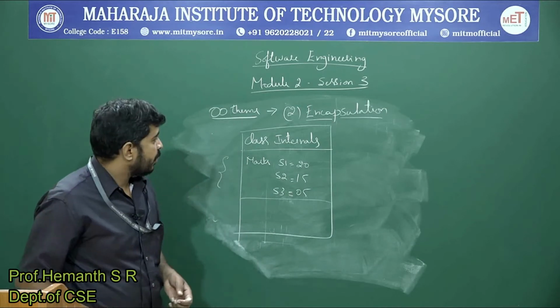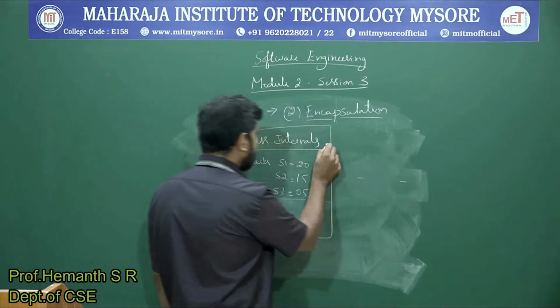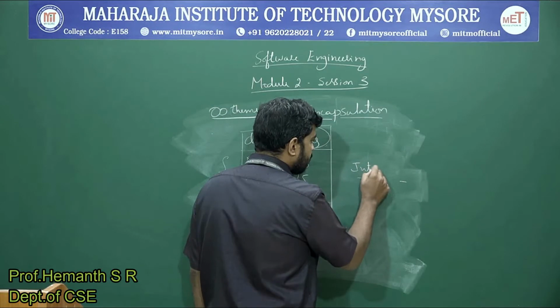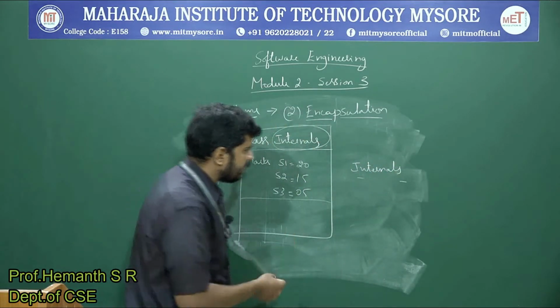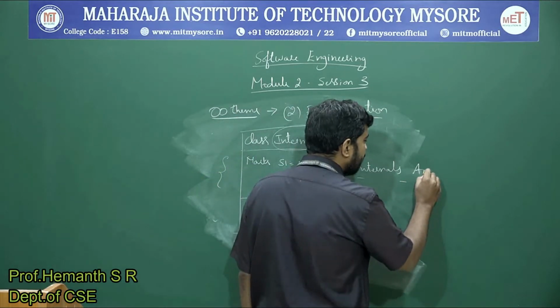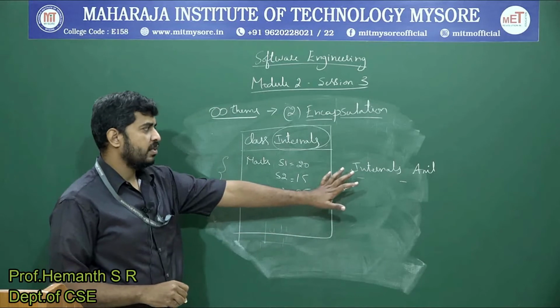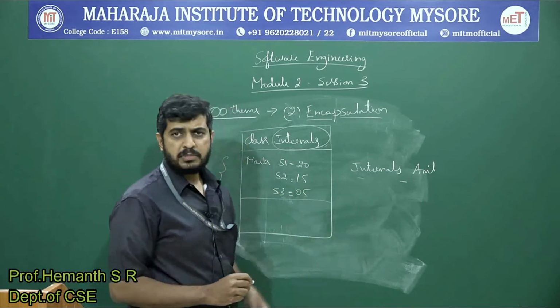As we are aware, we can create hundreds of objects for a class. For example, for this class internals, I can create hundreds of objects. For example, I will create an object by name Anil. So the Anil object has been created for the class internals. Now what happens when the Anil object is created?